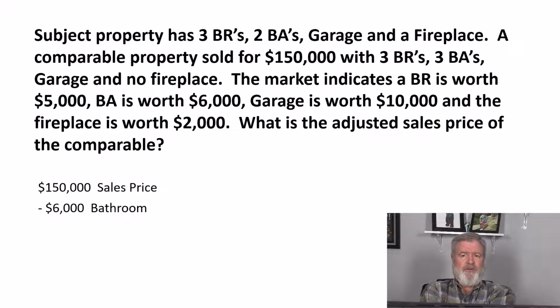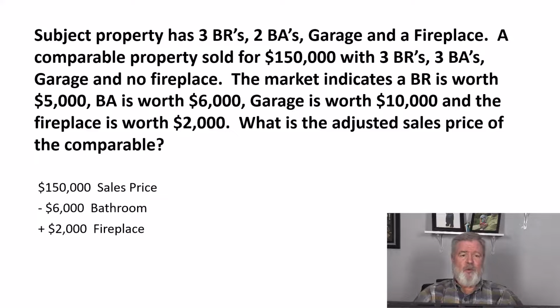So do I add $2,000 or subtract $2,000? Well, the comparable in this case, in terms of fireplaces, has less than the subject. So if it has less, then I must add. So I'm going to add $2,000 for a fireplace.